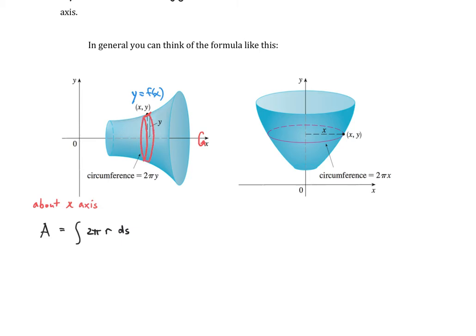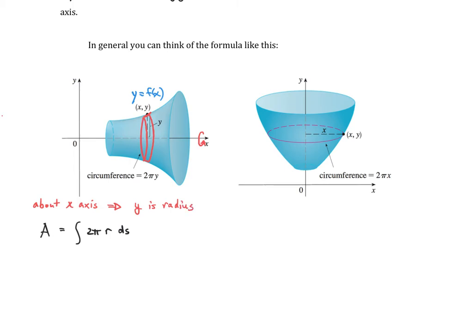Now, this r here is the radius of this circle. That's given by the y coordinate of this point here. So when we rotate about the x-axis, y is the radius.